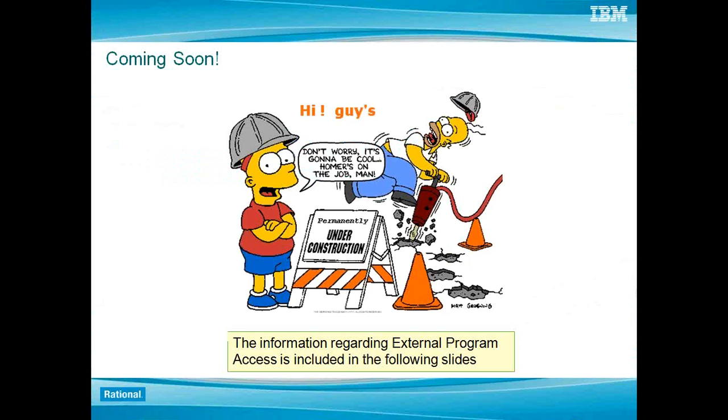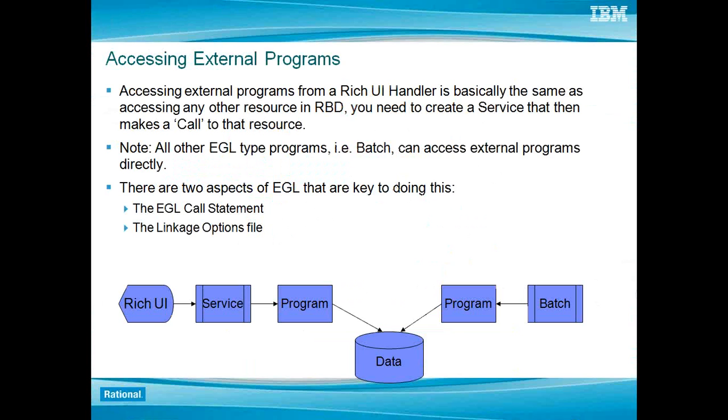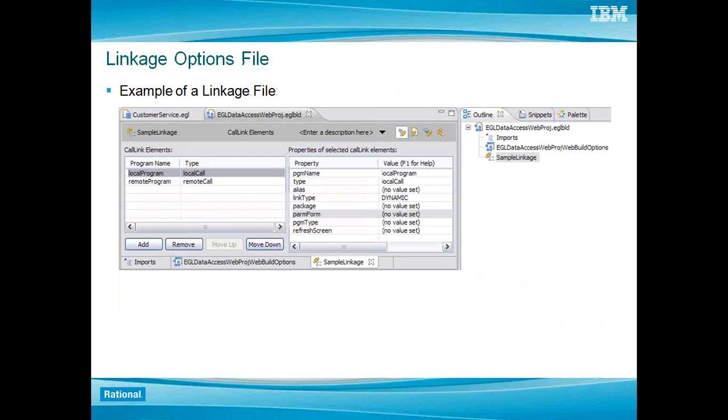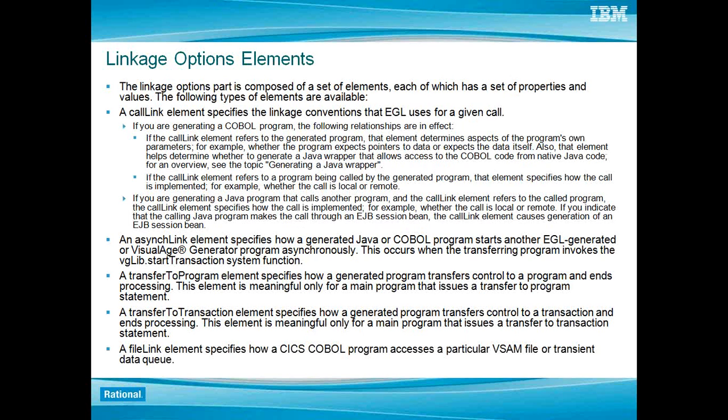Okay, same way we can call external programs. As I told you, we can call other programs, either they are Java programs or other programs or JavaScript. Same way we would be using linkage options and resource association, where we are specifying the connection parameters.